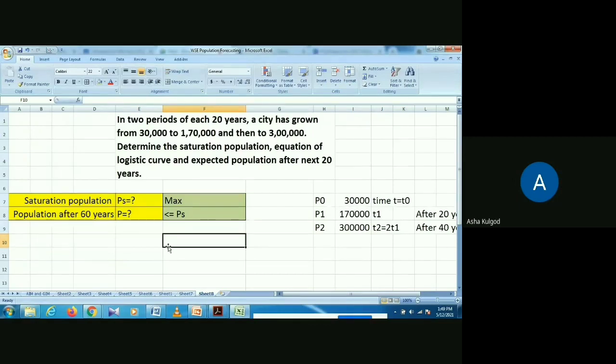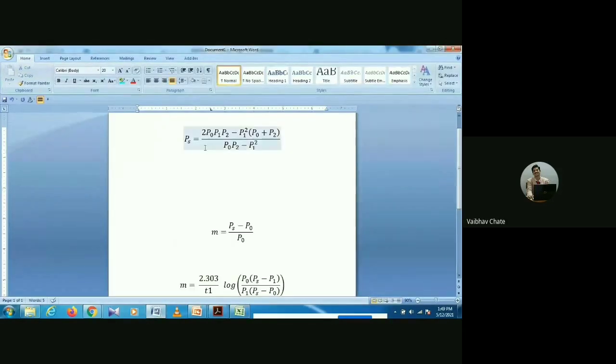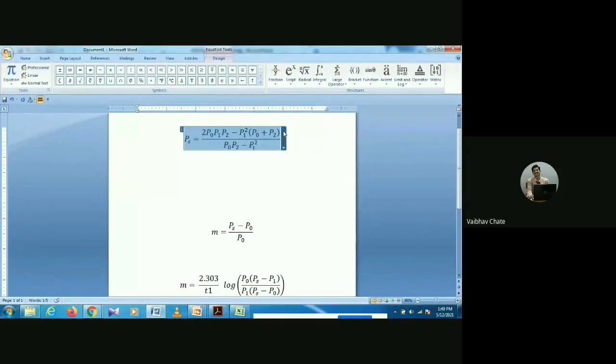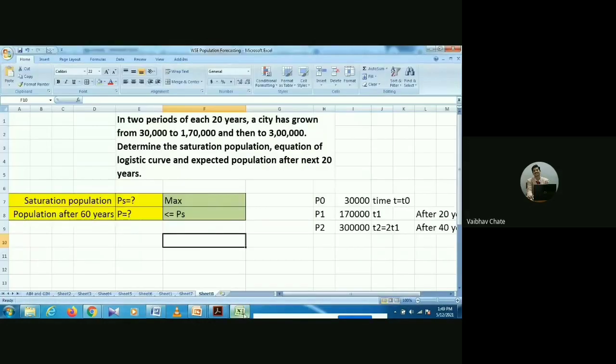Now, in this connection, we have some formulas that need to be used. I'll just keep on pasting them, because if I start writing these things, it will take more time, as I need to insert the equation and then write.